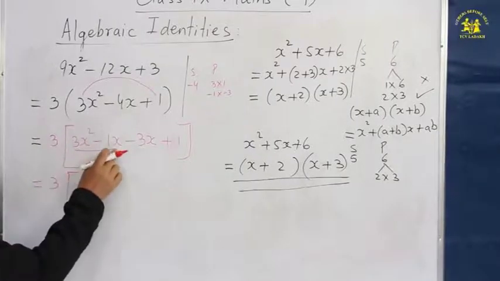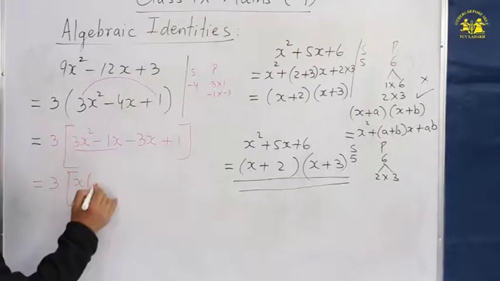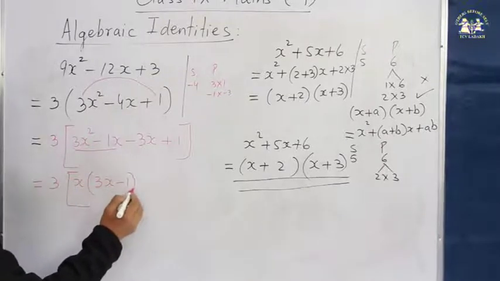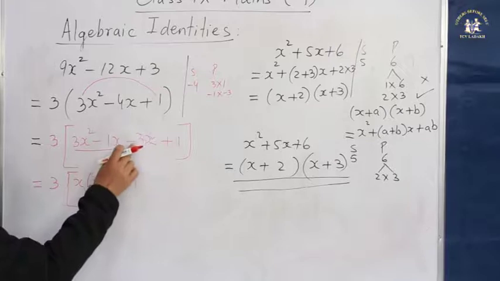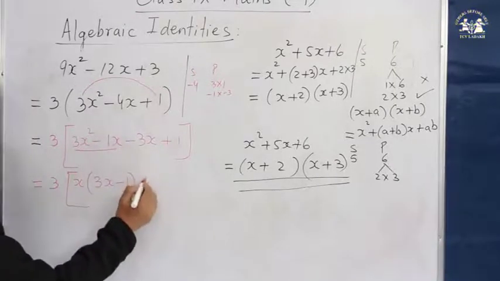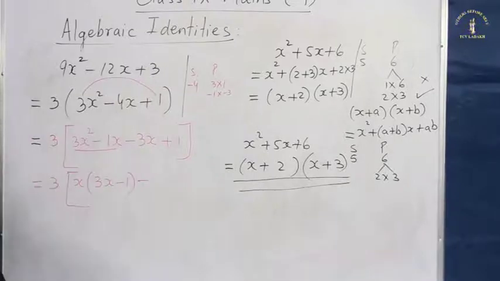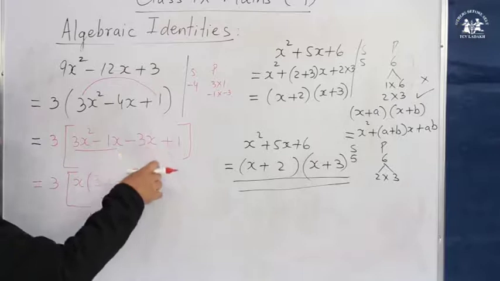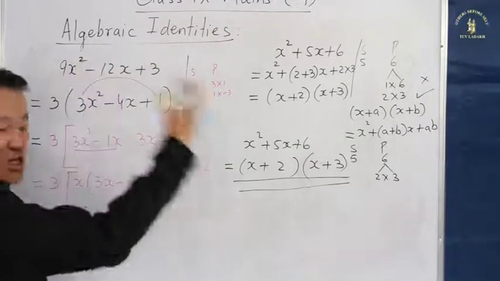What is the common factor in this case? x is the common factor. What will be left? 3x minus 1. And here, since minus is the sign of the first term, we'll take the minus sign out, and if we take the minus sign out, we have to change the sign inside the bracket.